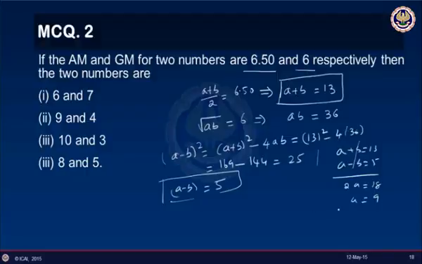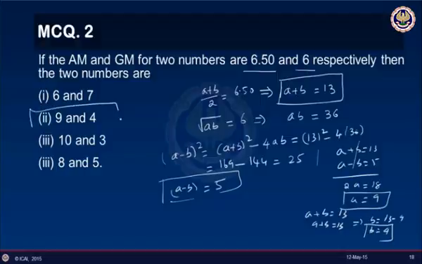When A equals 9, A plus B equals 13 gives 9 plus B equals 13, which implies B equals 13 minus 9, so B equals 4. So A equals 9 and B equals 4. So option B, option 2, is correct: A equals 9, B equals 4.